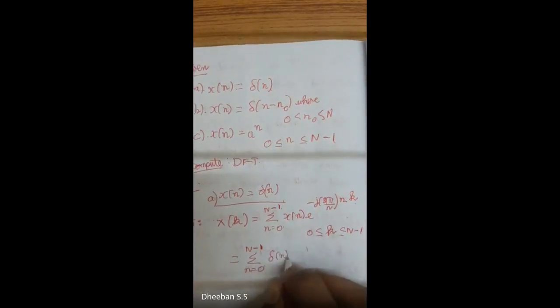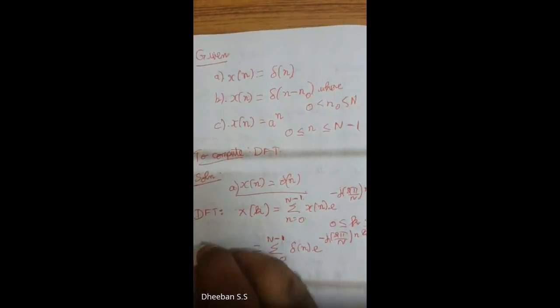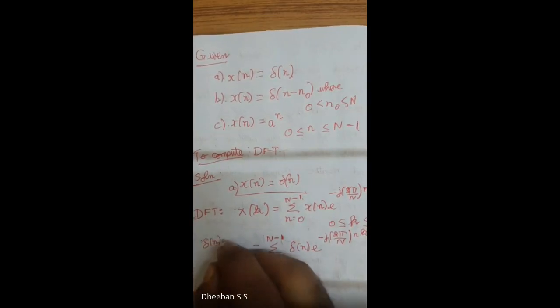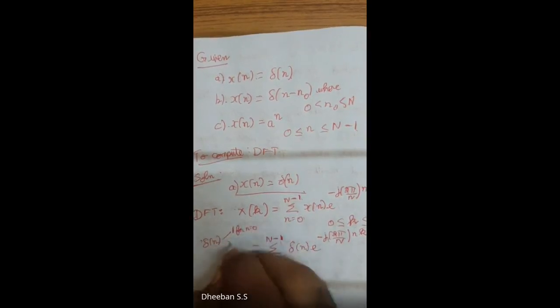So delta n, e power minus j 2 pi by N into n into k. Here, in general, this is for your reference: delta n takes the value of 1 for n equal to 0 and 0 for others.